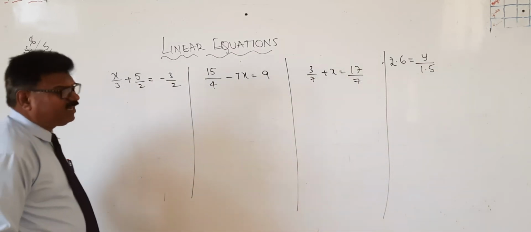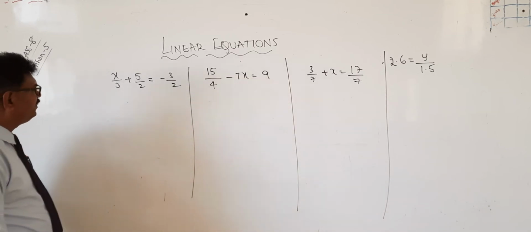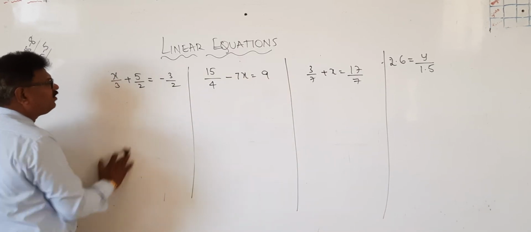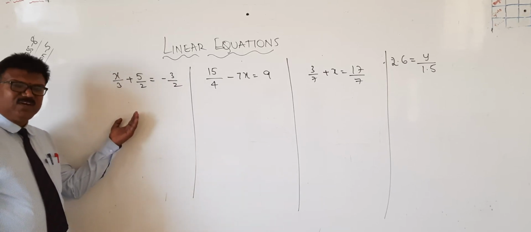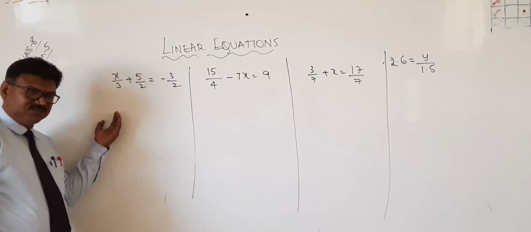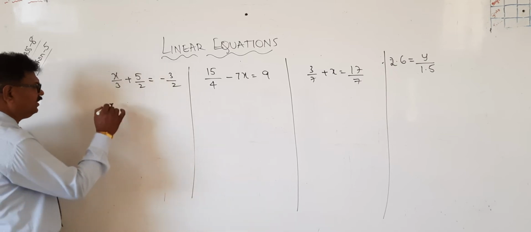So you see, one by one problems we solve, all are different. What I told first is that variables will be on the left side and numbers will be on the right side, right?